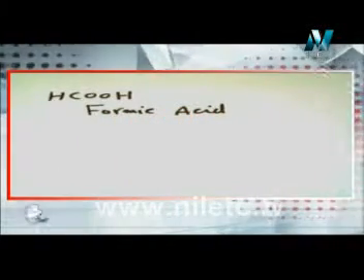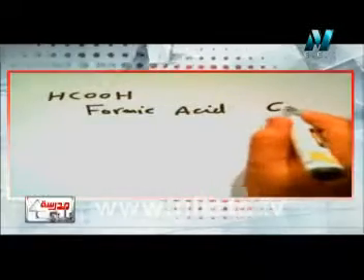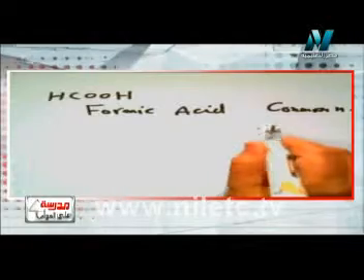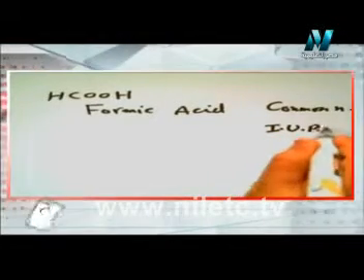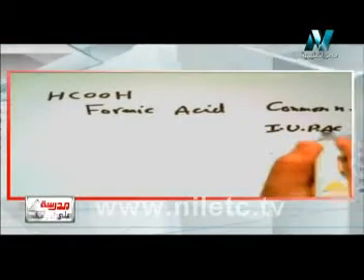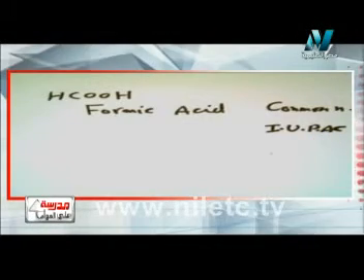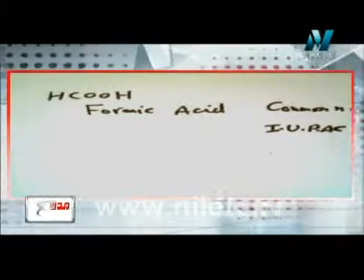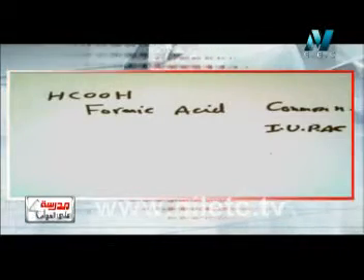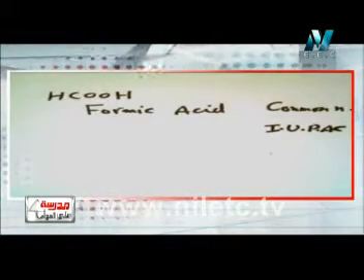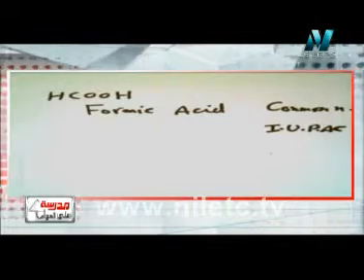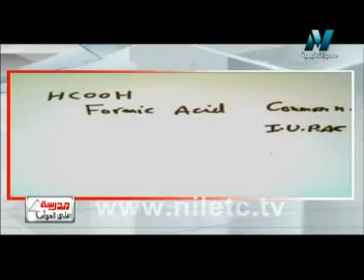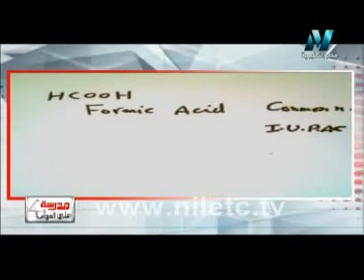This is a common name. According to the IUPAC, we give the acid name according to the corresponding alkane, the alkane which contains the same number of carbons, and replace the E by OIC.